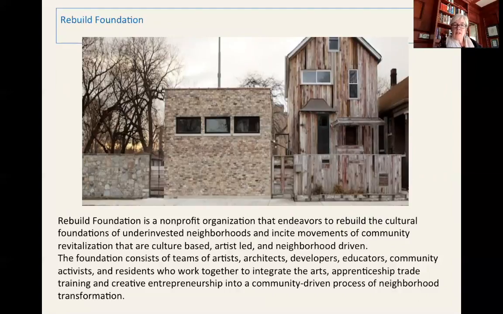And it really looks at this idea of rebuilding cultural foundations in underserved or underinvested neighborhoods and inciting movements of community revitalization. And I love that term, to incite movements of community revitalization. And more importantly, that they are culture-based, artist-led, and neighborhood-driven.